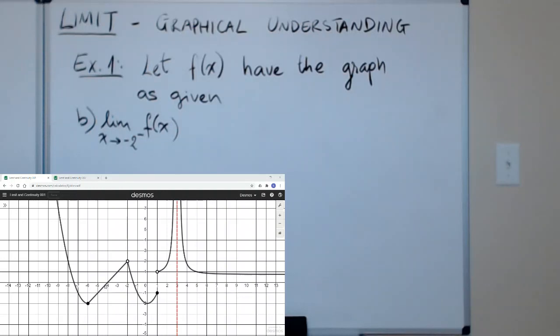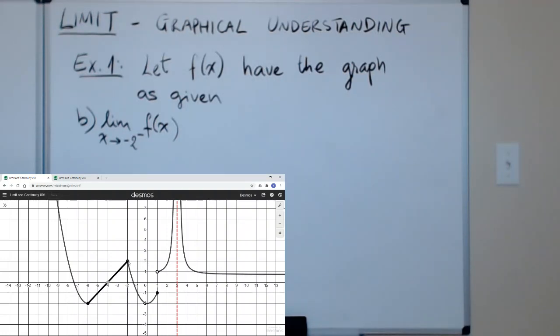That means if we're tracing along our graph right here, I just now remember that the decimal has this feature that I can click and hold down and drag, and that's how it's tracing along. As I'm getting closer to -2 from the left-hand side, it looks like I'm approaching a height estimated at about 2 right here.